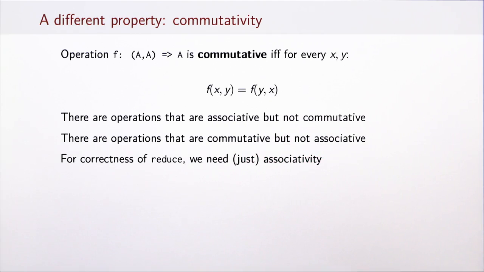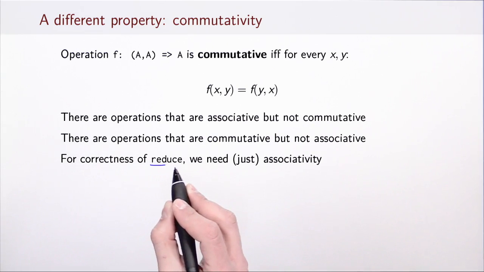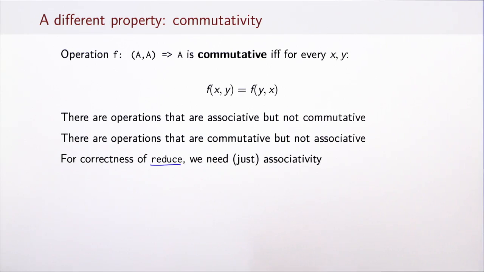Now, while there are operations that are both associative and commutative, in general, these two properties are independent. And in fact, there are associative but not commutative operations, as well as operations that are commutative but not associative. And keep in mind that for correctness of reduce, what we need is precisely associativity.